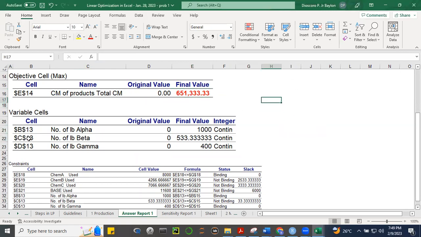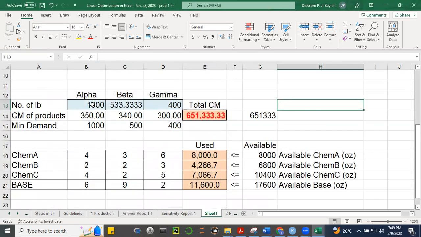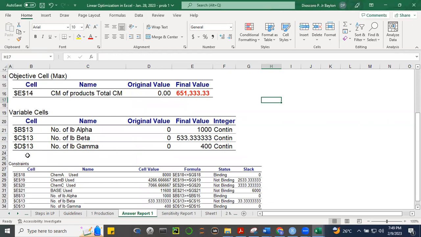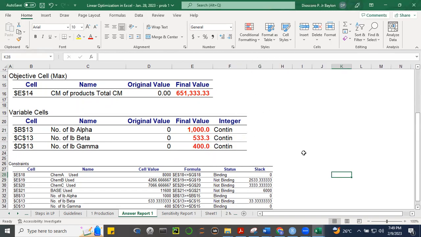These are B13, C13, D13. What are they? These are our decision variables. And if you can see here, original value again is 0, and then final value is what to produce: 1,000 pounds of alpha, 533 pounds of, let me just put one decimal place, beta, and 400 pounds of gamma.